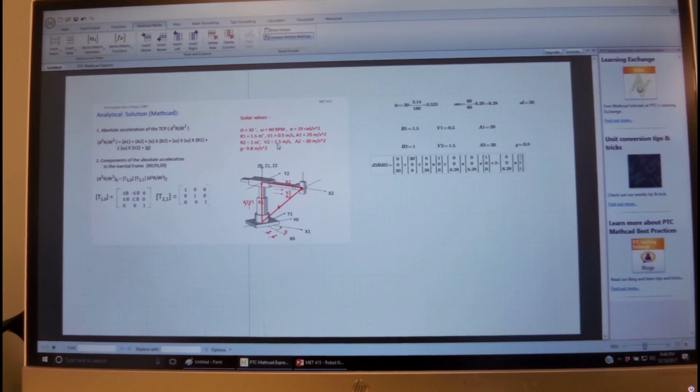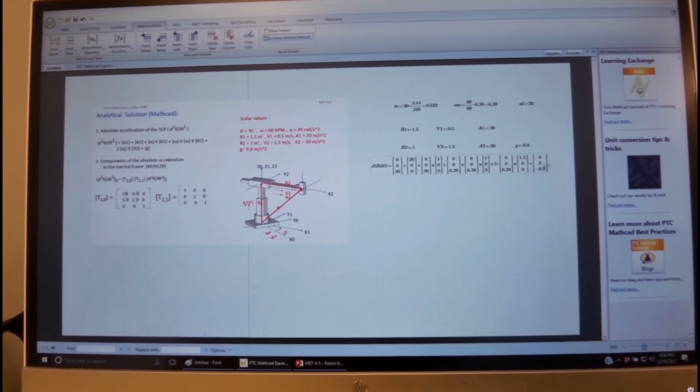And V2 is in the x2 direction, 1.5 meters per second, so it's 1.5, 0, 0. Finally, we have G. So G is another vector which is operating in a minus z direction, so it's minus 9.8.